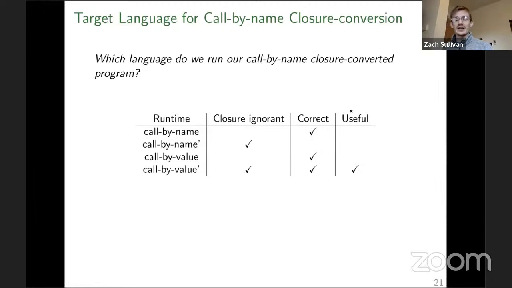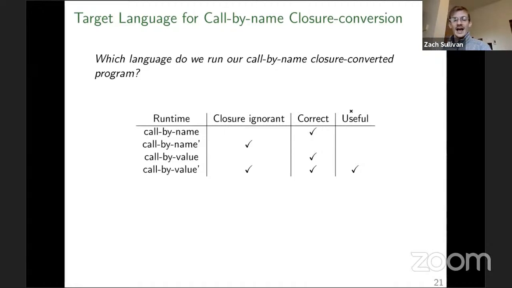And because we thunked when we were doing call by name closure conversion inadvertently, the transformation is correct in a call by value language, like our call by value strict language in the background section. But of course, that will construct closures for functions, so it's not useful for compilation.